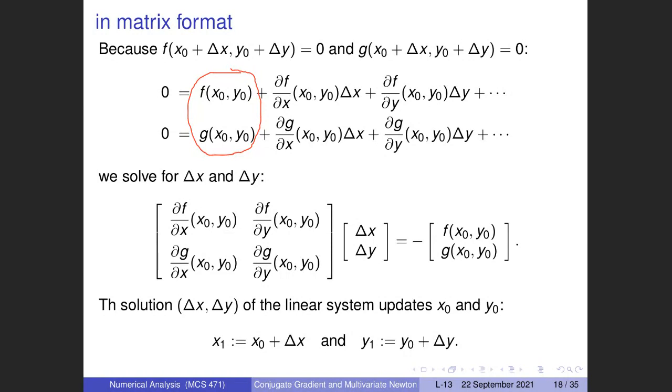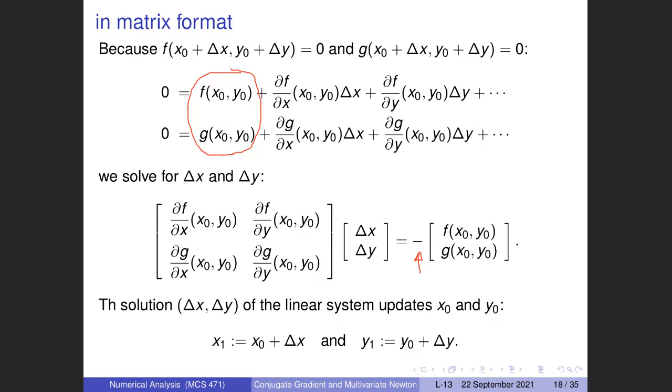So it's not 0, so it has here a negative sign, because we want to solve this equation for delta x, delta y. Then what we also know are the values of all the partial derivatives. And that will be the coefficients in our matrix. What we don't know are the delta x and the delta y, and that will make our update vector.